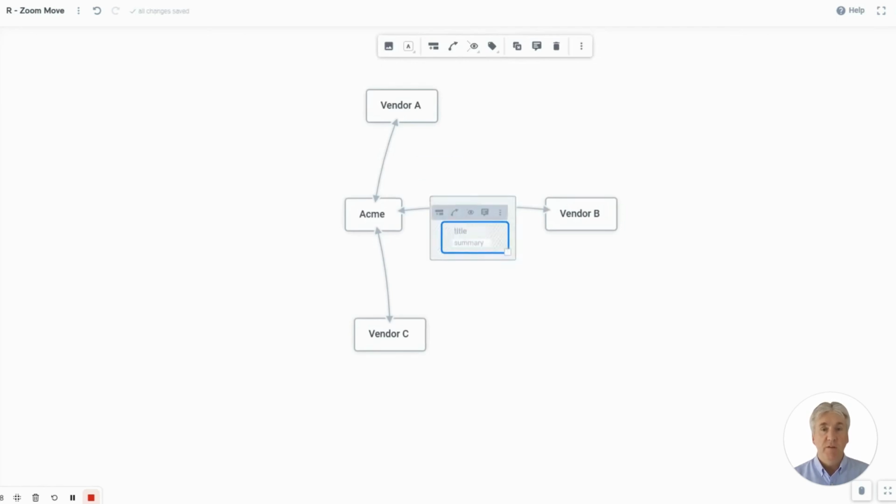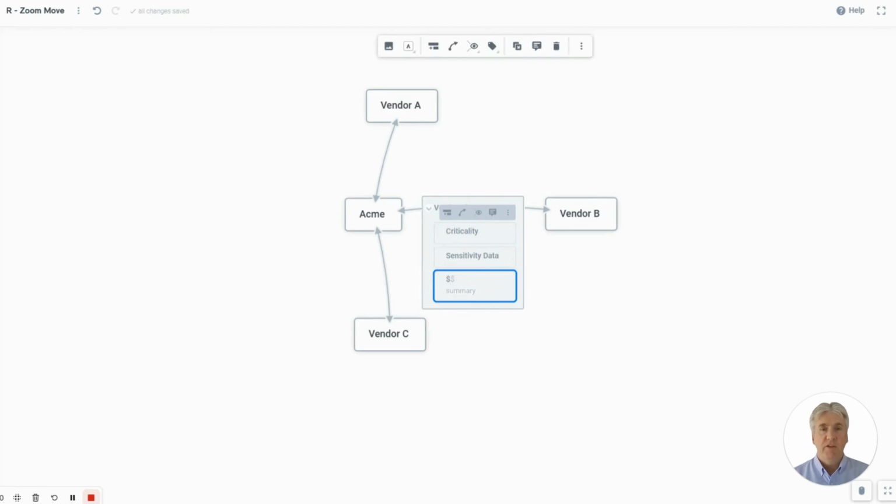One of those parts could be defining the business criticality of the service to Acme. Another could be related to the sensitivity of the data that is flowing back and forth between Acme and the vendor, or how much sensitive data the vendor is holding on Acme's behalf. Another aspect may be the financial impacts, such as how much revenue is Acme dependent on with that relationship.